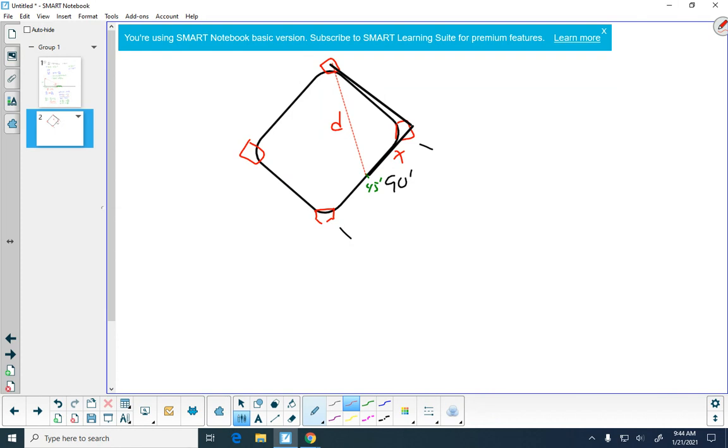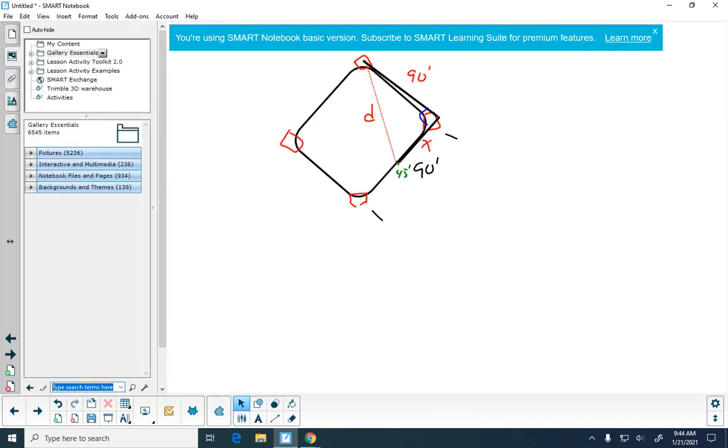And this distance to second base is equal to d. The distance from first to second base is still 90 feet. Well, what we have created here is a right triangle. And if we have a right triangle, we have our good old buddy Pythagoras.